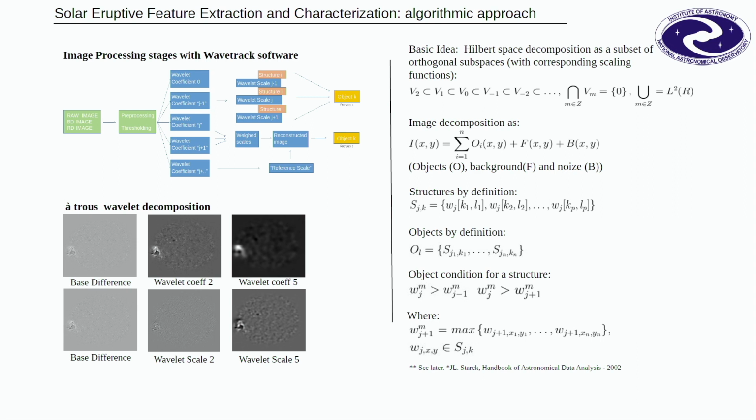In human words, that means that each decomposition level or scale represents its own level of detail. So the higher the scale, the more details of larger size are highlighted, while smaller details are omitted. Basically, the idea comes out of the Hilbert space decomposition theorem that states that any Hilbert space could be decomposed into a set of orthogonal spaces. Well, in our case, these are wavelet subspaces.